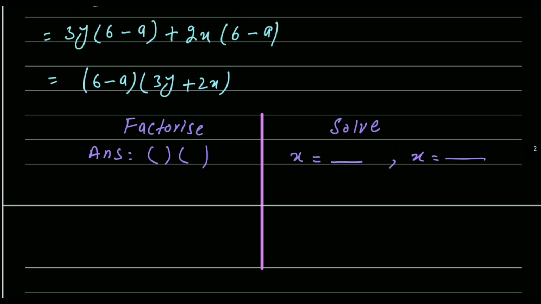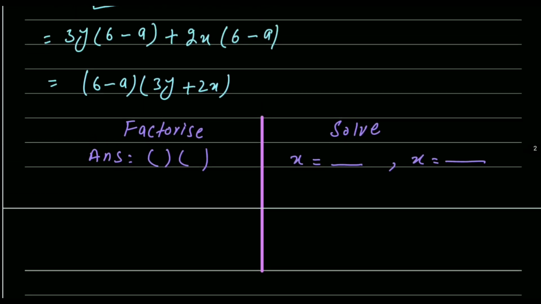So the difference between factorize and solve. As I told you, in factorization your answer should be in two brackets, and in solve you have to find the value of the variable that is involved in your question. Like if the variable x is involved in your question, you have to find the value of that variable. So let's do an example.